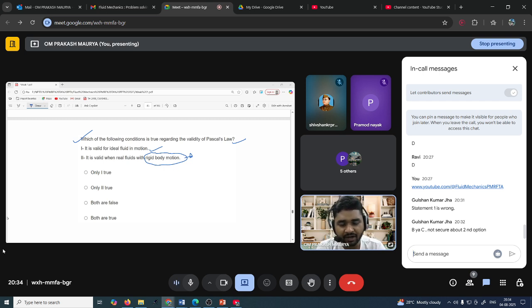If all fluid particles have the same velocity, you can think about how you will apply it. So very important question. Anyone want to tell? I will give another 1 minute for this question. After this hint, if anyone wants to give an answer, you can write in the chat box.